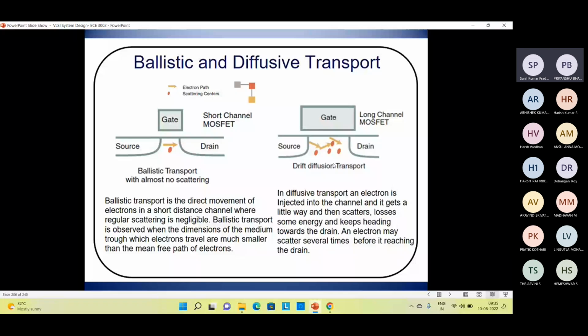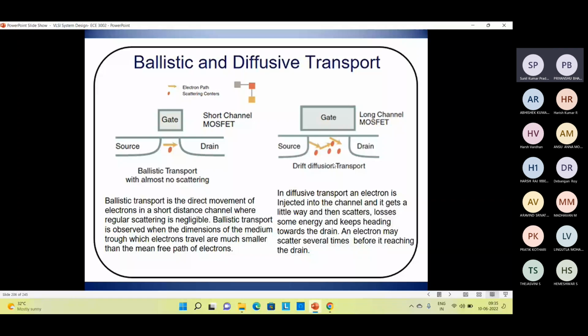Whereas in diffusive transport, an electron is injected into the channel, it goes a little way and then scatters, loses some energy and keeps heading towards the drain. An electron may scatter several times before reaching the drain.